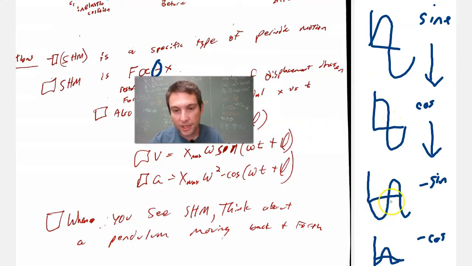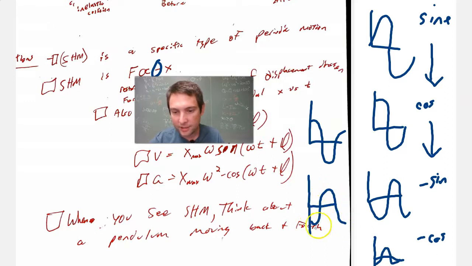Starts at 0, goes negative. You can also remember the shortcut that if your position versus time graph looks like this, then your acceleration versus time graph is going to be a mirror image flipped over the x-axis. So if it starts out as cosine, it's going to end up being a negative cosine for your acceleration.